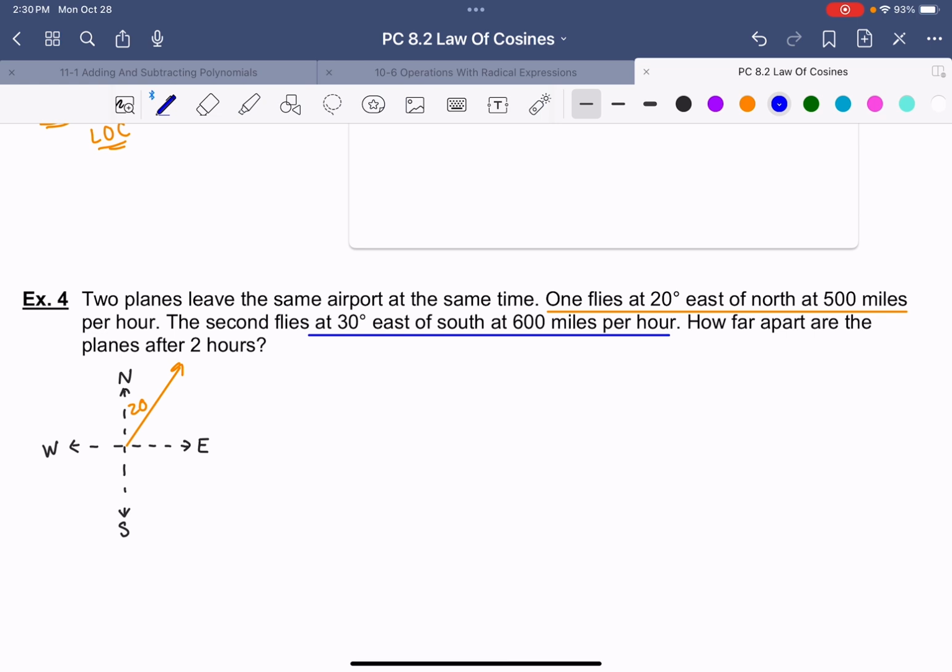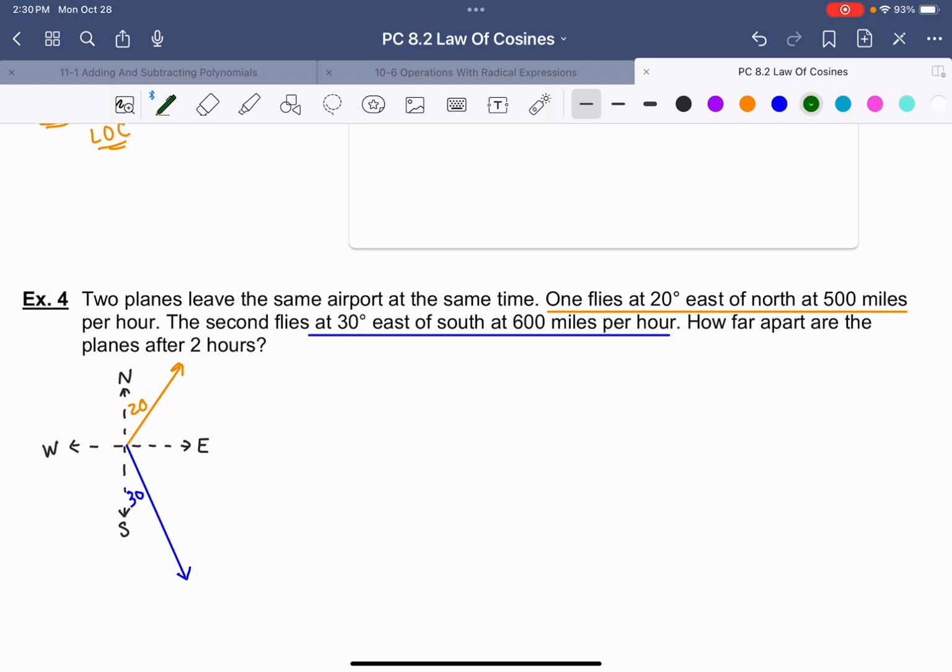Now the second plane states that it's flying 30 degrees east of south. So here's south, basically east by 30 degrees. There's my 30-degree angle.